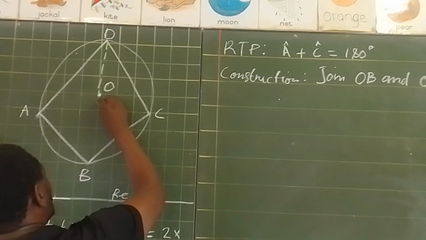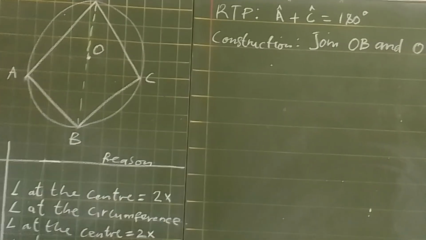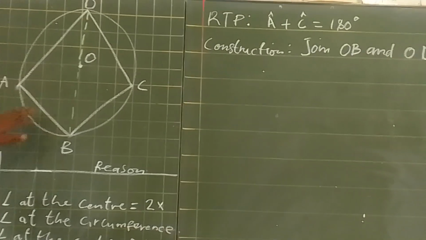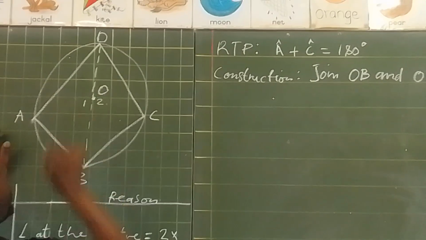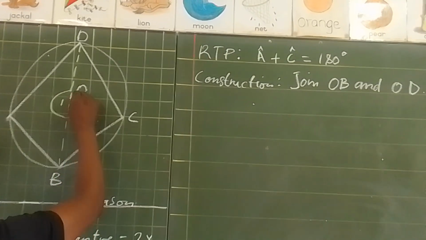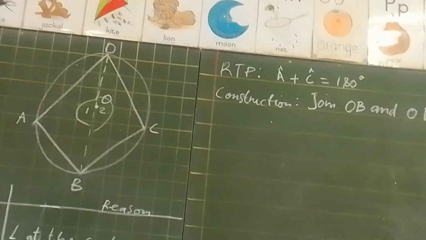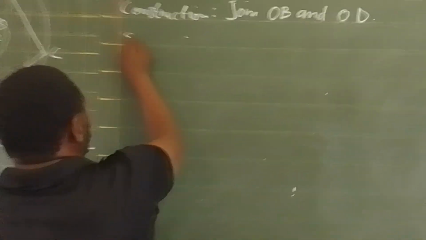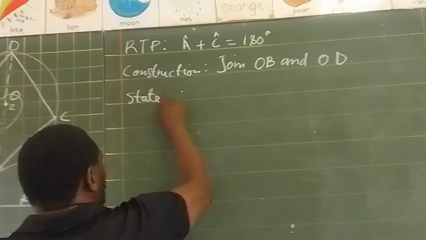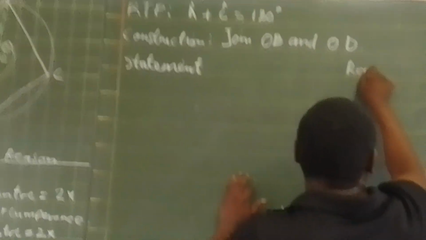We join this one as well, OB, such that we have O1 and O2. Right, we write your statement and you write your reason.